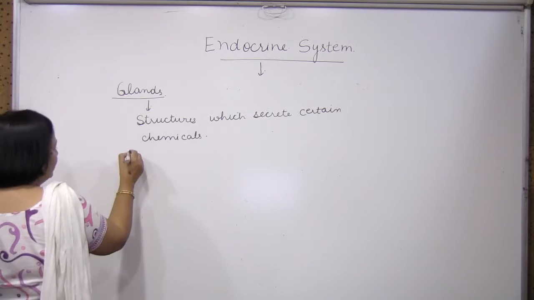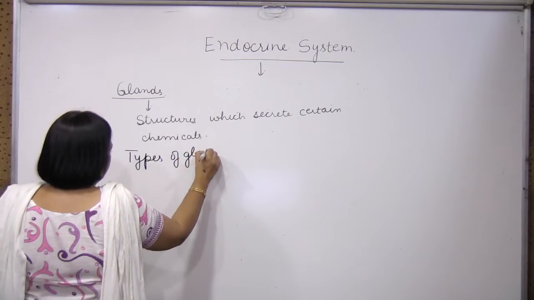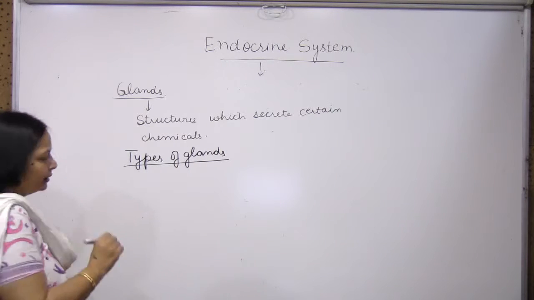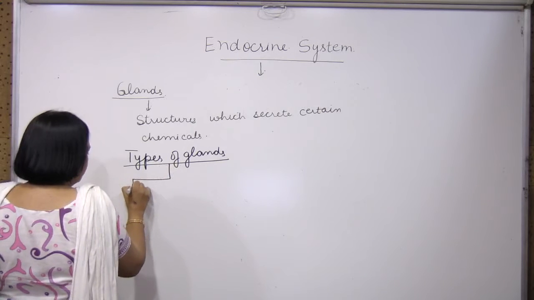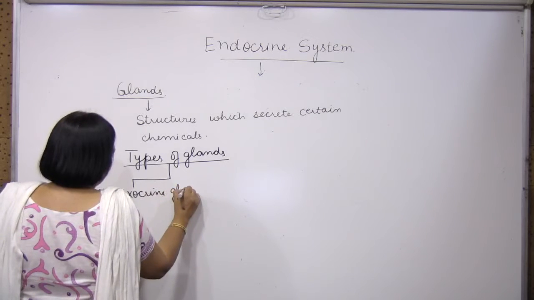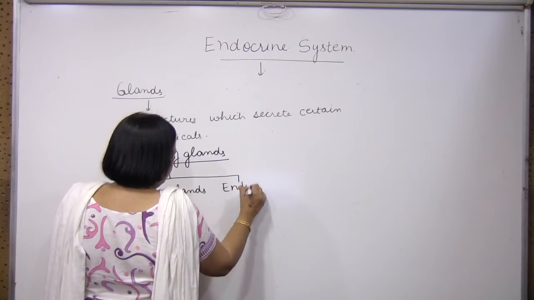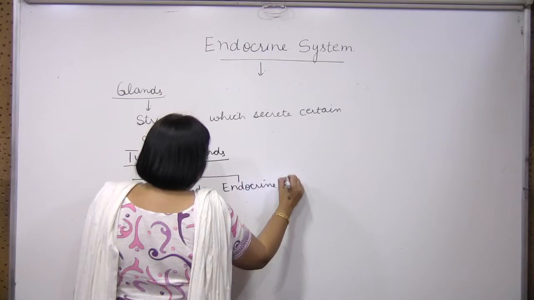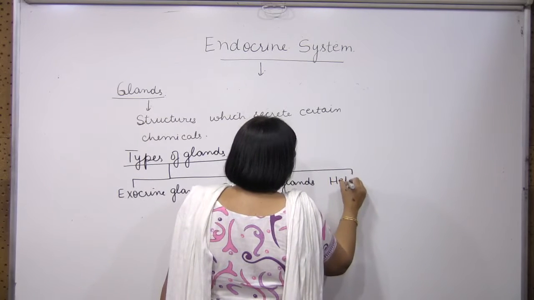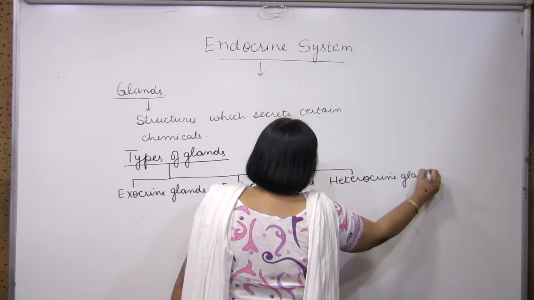There are different types of glands. There are three basic types of glands: exocrine glands, endocrine glands, and the third one, heterocrine glands.